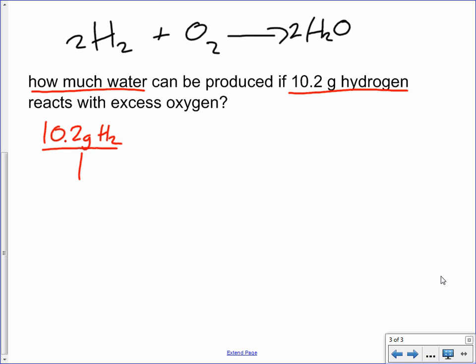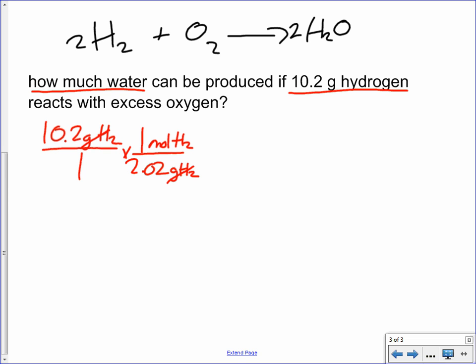So, first step, we're going to convert grams of hydrogen to moles of hydrogen. Alright? So, grams of hydrogen to moles of hydrogen. We're going to use molar mass to convert it. The molar mass of hydrogen is 2.02, taken from the periodic table. You should be good at that by now. So there are 2.02 grams of hydrogen in 1 mole of hydrogen.